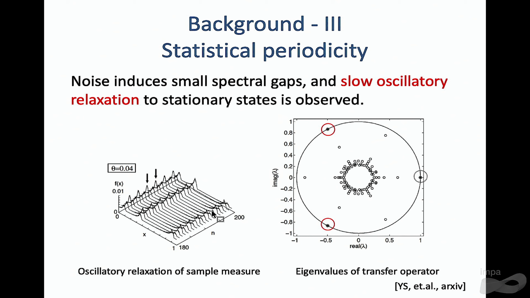This red circle eigenvalue is close to one, but not one, very close to one. So the very small spectral gap. In that case, we have very slow oscillatory relaxation to stationary state, so that this is a relaxation process in numerics of sample measure. This period 3 in this case.